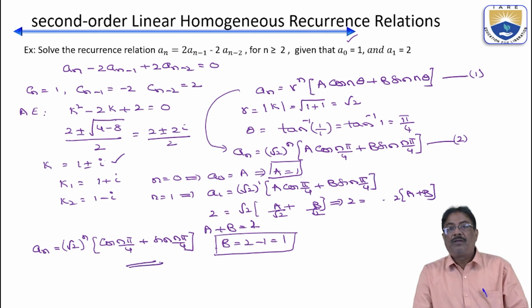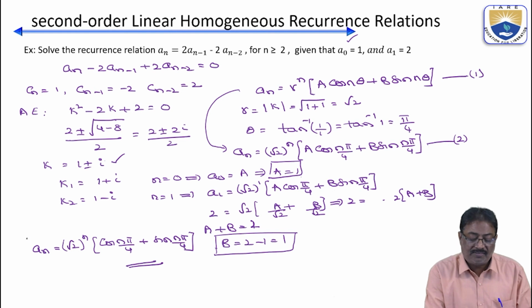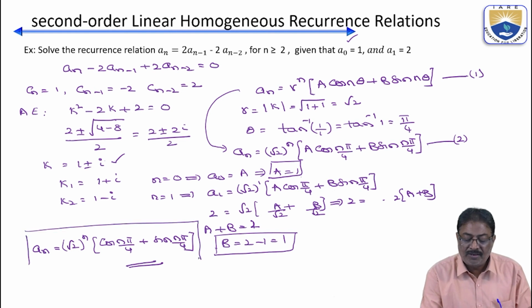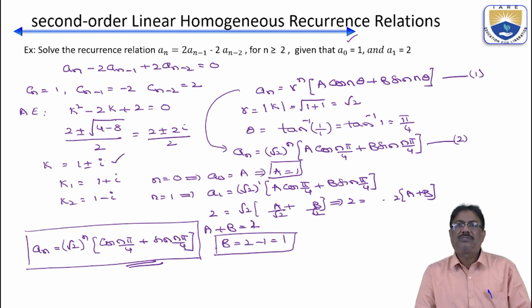So this is the solution for the given recurrence relation. In almost all the problems, whenever the conditions are given, we are going to find a particular solution. That means for those values, we calculate the values of a and b. For all the problems, this is the routine process.